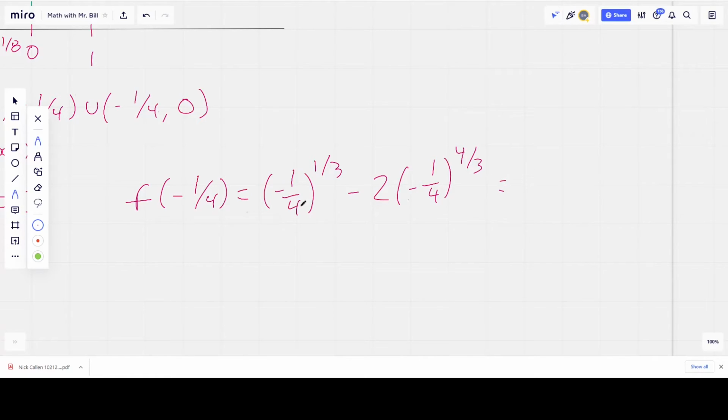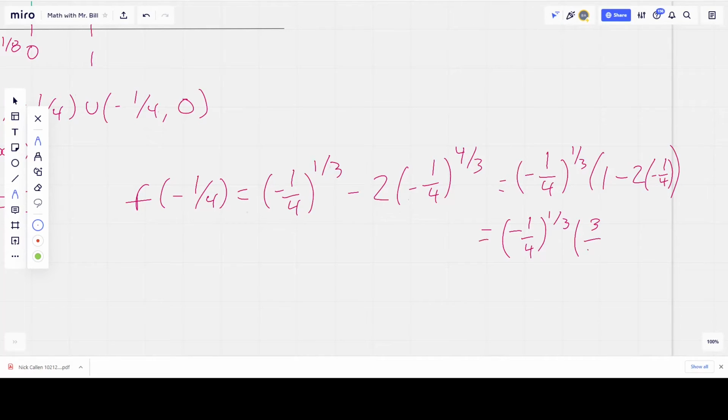Or we can take out a negative 1/4 to the 1/3, and then we'll get 1 minus 2 times negative 1/4 here. And so that's going to be negative 1/4 raised to the 1/3 times 1 minus, or 1 plus 2/4.